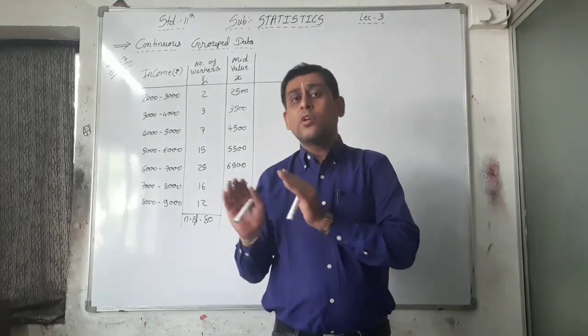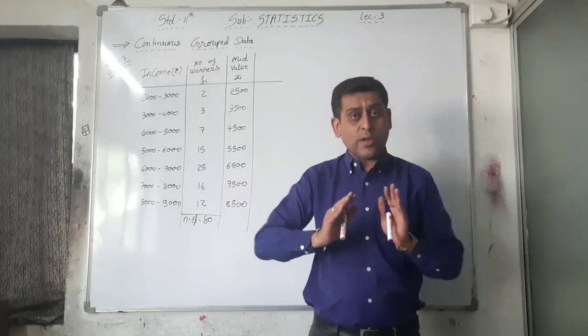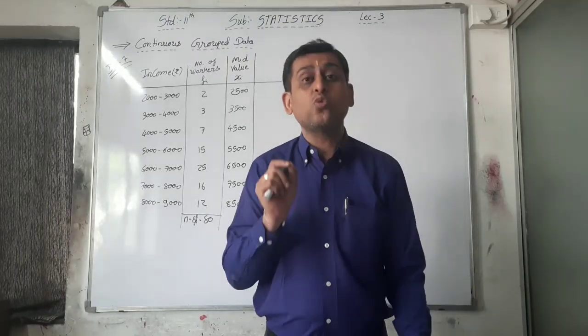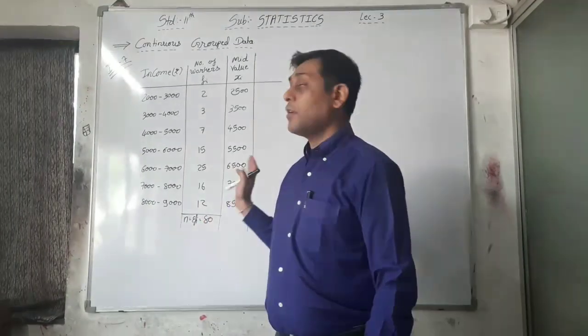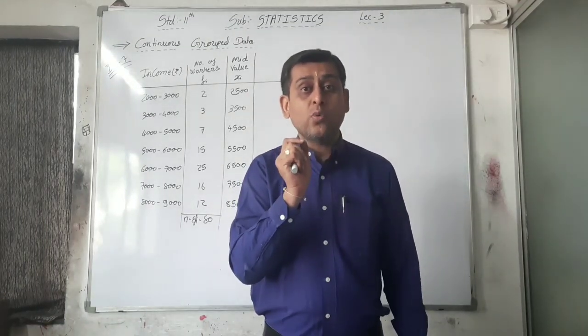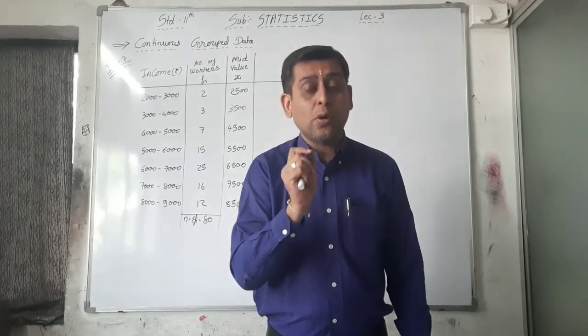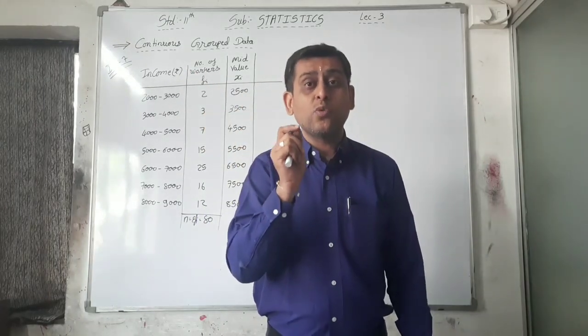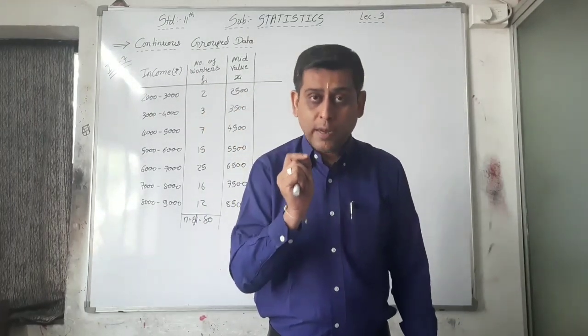You can use the calculator, so it is easy, but you have a chance of making a mistake, so you can take a shortcut method at that time. Whenever your xi, all the observations, are more than 80 or more than 100, you have to take a shortcut method.